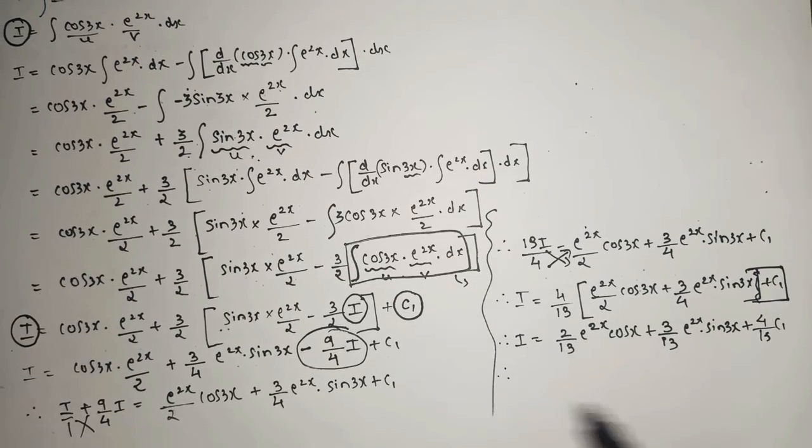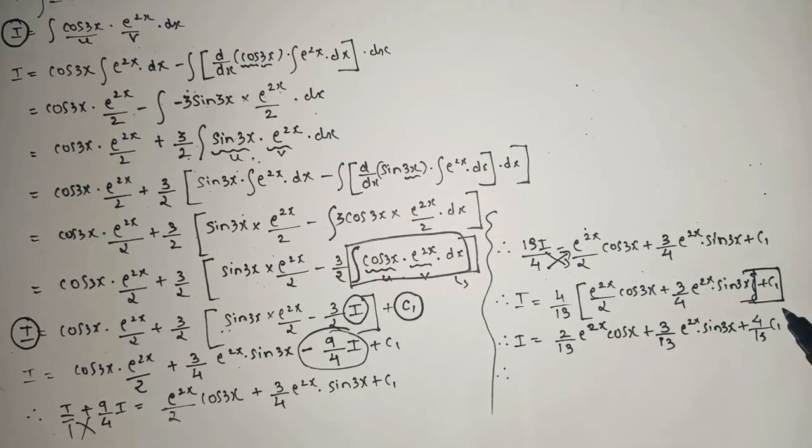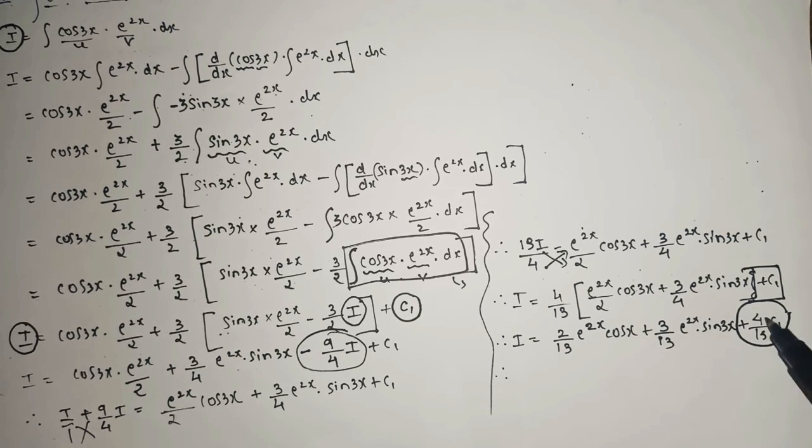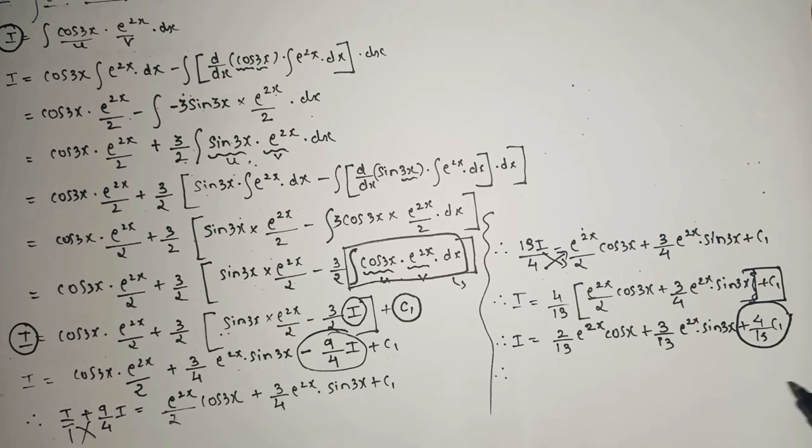And the last final step, as we require c here, c is an indefinite integral constant, and this 4 upon 13 c1 is also an indefinite constant. So in place of 4 upon 13 c1, you can write directly c.